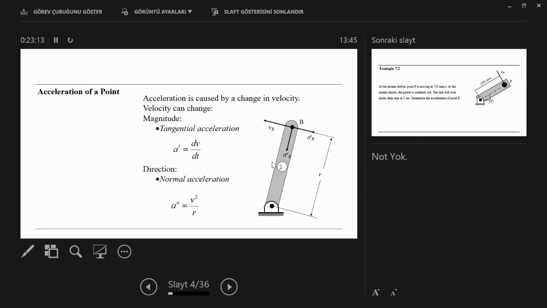And if you write d over dt of, for example, r omega instead of v, if it is rotation, this is the linear acceleration of a point. Okay, we will come to that, so don't mix it up. And we learned also that the normal component is v square over r, where r is the radius, that means the length of the link.